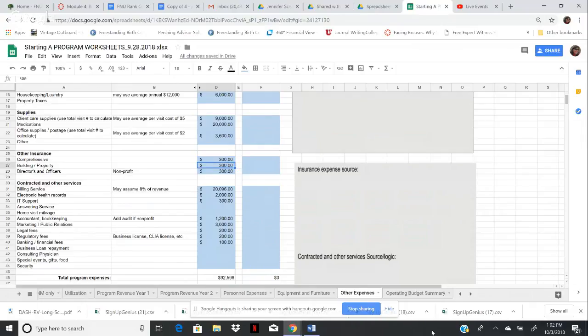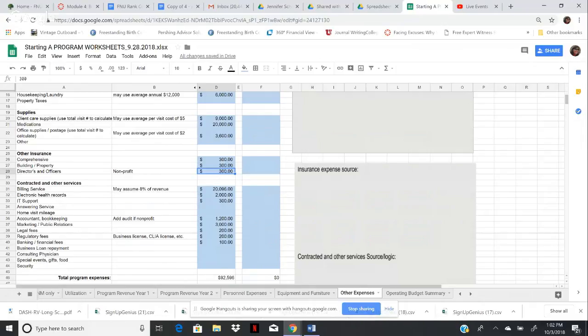Building and property insurance, if a building is being rented, then you don't need to have property insurance for the building itself, but you may want to have some insurance for the contents of the building, the contents that your program occupies, and the materials and things that it has. Directors and officers insurance is only if you're a nonprofit organization. I did make this a nonprofit, so I put in a little amount here. And again, you'd be sharing that with the larger office overall.